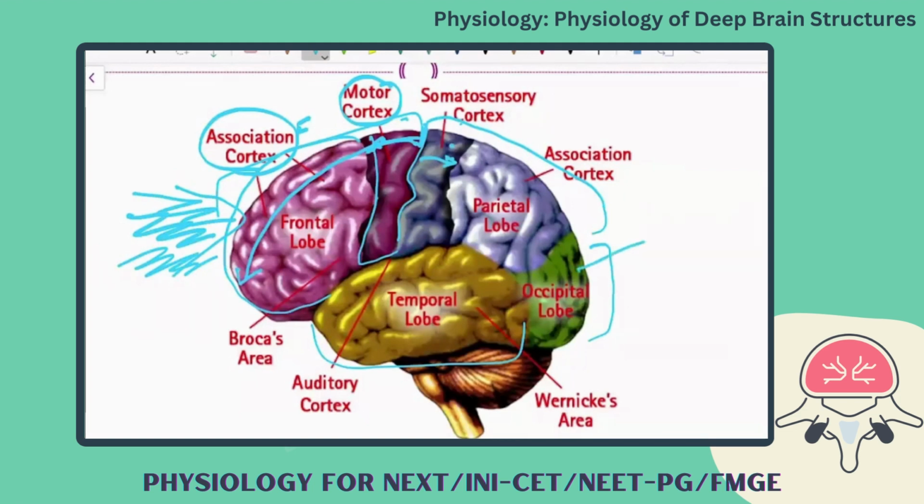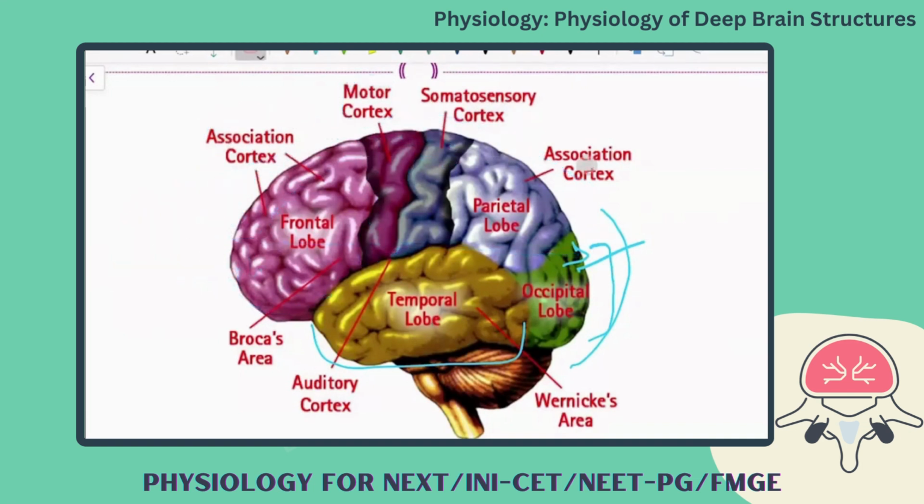In the occipital lobe. Because of the force, the defect is reflected in the occipital lobe by compression. If I'm hit on my forehead, then the posterior aspect of my brain will get damaged because of the severity. So that way you have to analyze. If you are studying neurology, that is a very big concept. We don't want to go into neurology. We will study only neurophysiology, not pathophysiology. Okay, clear? So that is the motor cortex and association cortex.